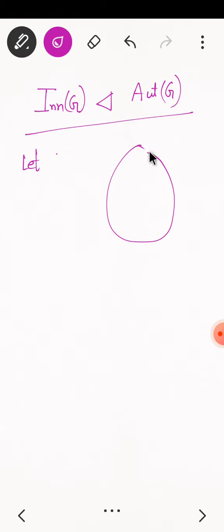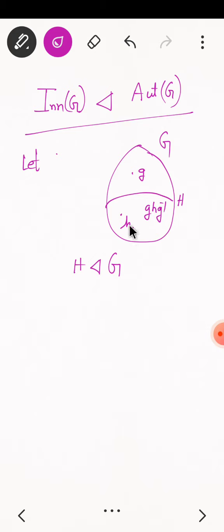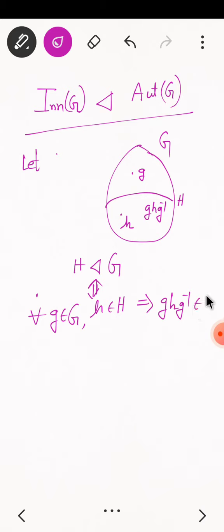That is, if G is a group and H is a subgroup of G, then H is a normal subgroup of G if for any g of G and any h of H, g h g inverse is also in H. What is the necessary and sufficient condition? For all g of G and h of H, if we show that g h g inverse is also in H, then we say that H is a normal subgroup of G.